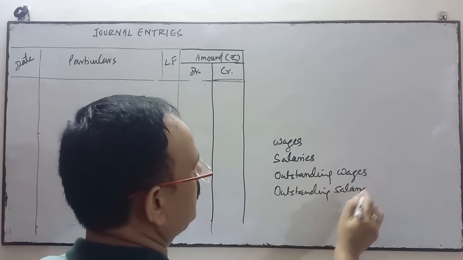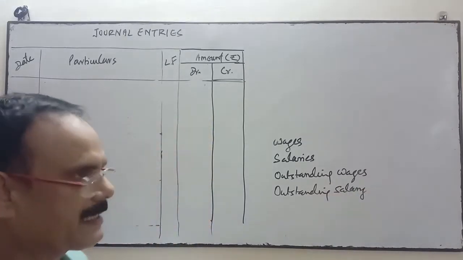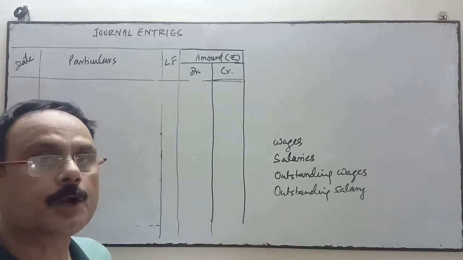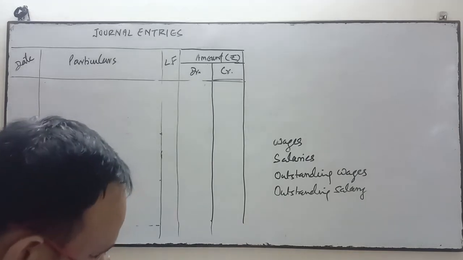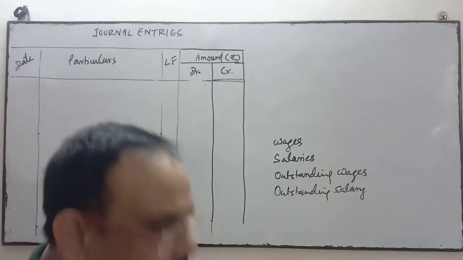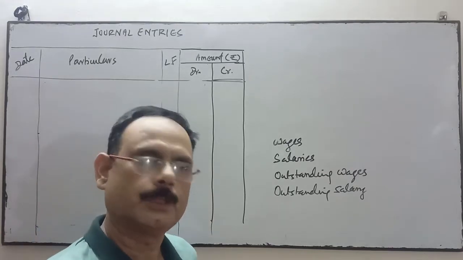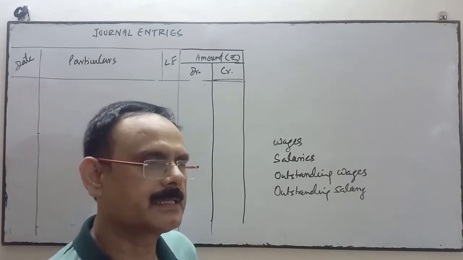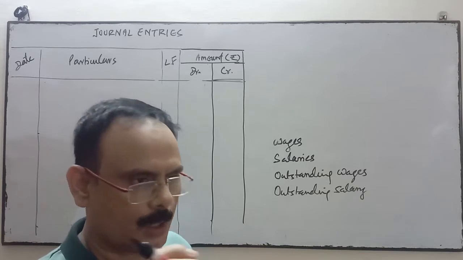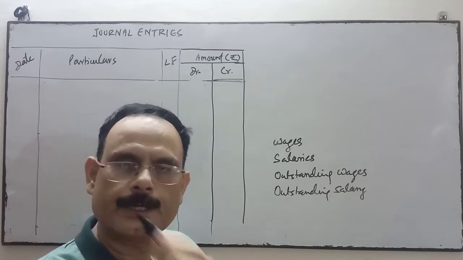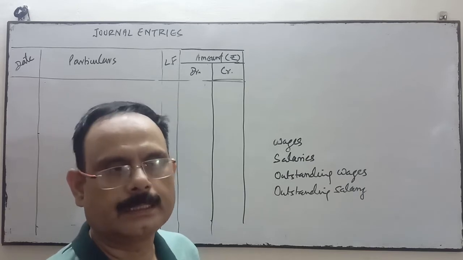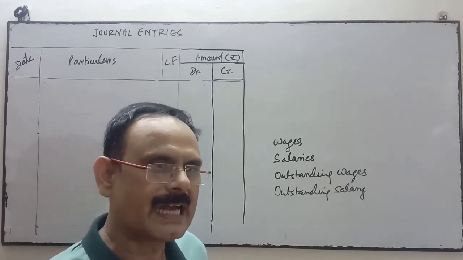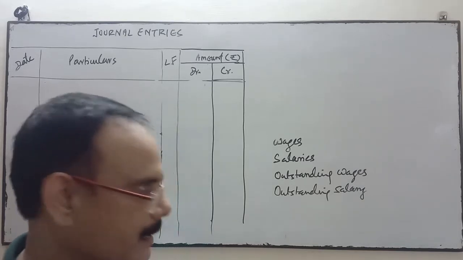Outstanding means salary is due: the workmen or the staff have done their work, the month is completed, but the salary or wages is not paid to them till the end of the financial year. So we will open the outstanding salary account and outstanding wages account.